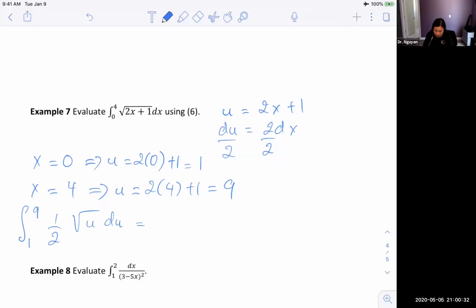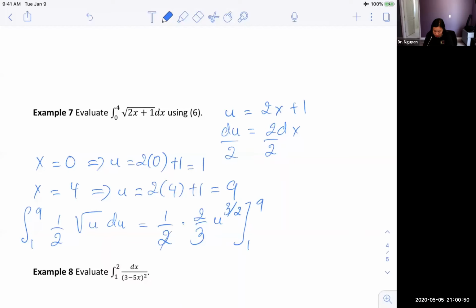Okay, since we did this problem, I'm just going to make it quick. u to the 3/2, then I multiply by the reciprocal right there, and then we evaluate from 1 to 9. Okay, so cancel right here. I have 1/3. Then I have 9 to the 3/2 minus 1 to the 3/2, which is just 1. Okay, and you can calculate it, and then you're going to get 26 over 3.